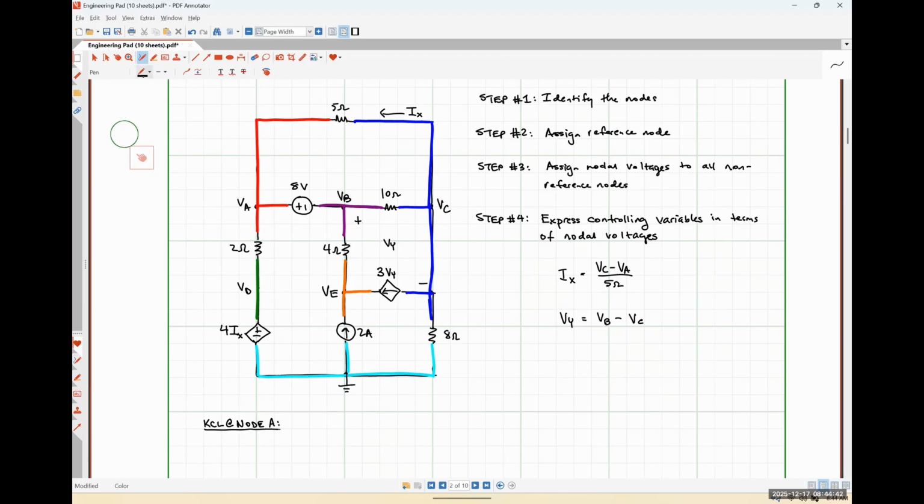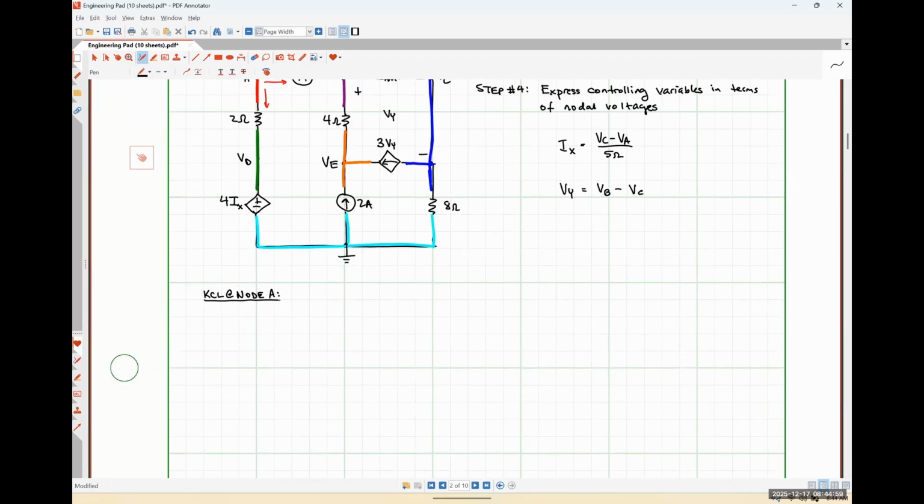So if we were to try to apply KCL at node A, we would be adding this current flowing up, this current flowing to the right, and this current flowing down together. Well, the current flowing up is just going to be VA minus VC over 5 ohms, right? So that's very easy and well behaved.